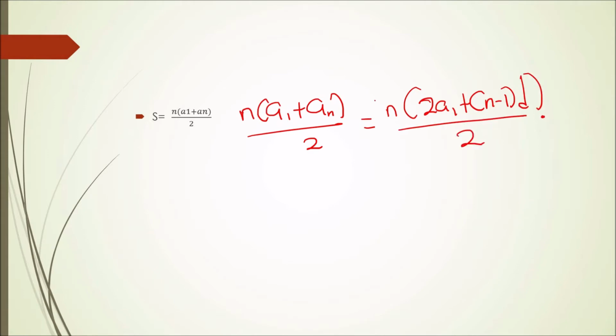If they give us A1 and AN, we can use this. If they don't give us AN, but we have D, we can also use this. So we can use either one, whichever you want.